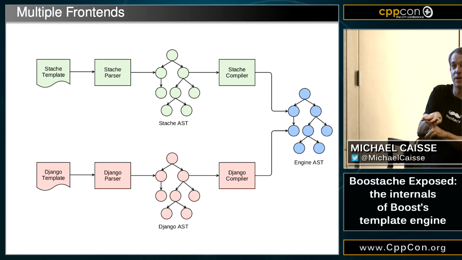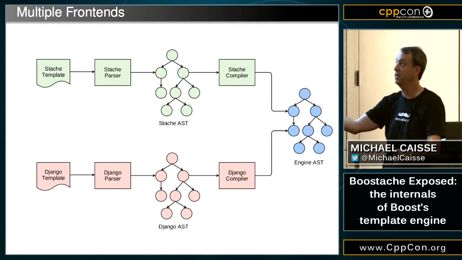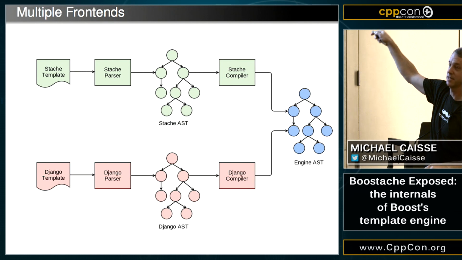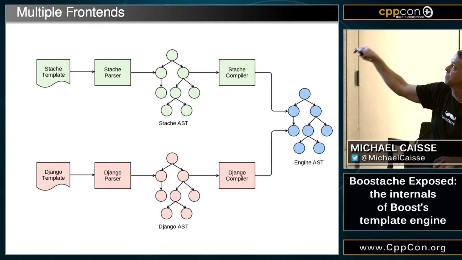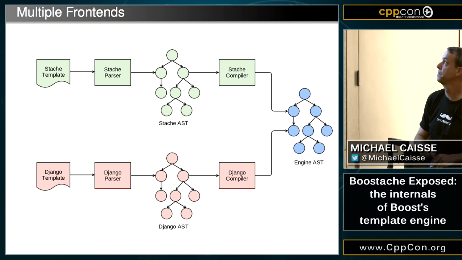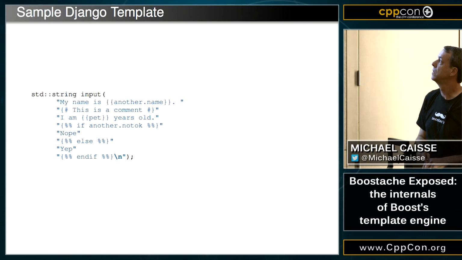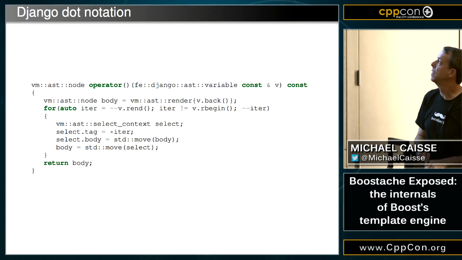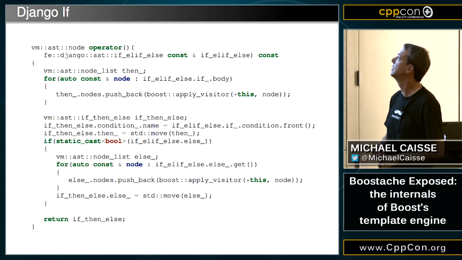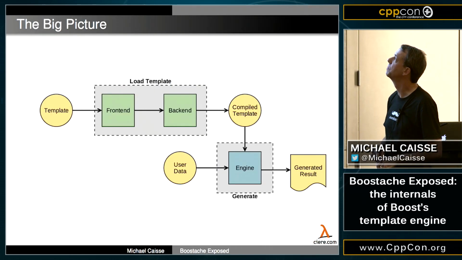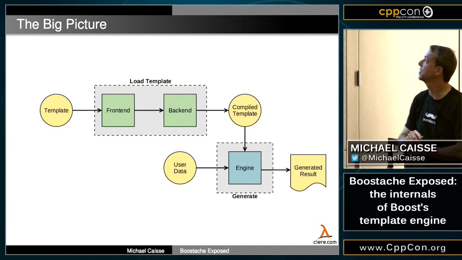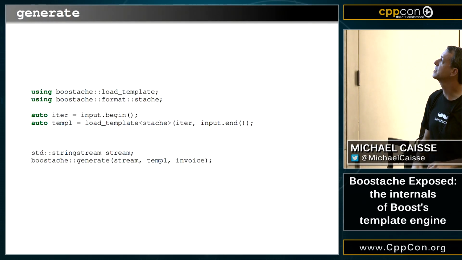It's just how to transfer one AST into the intrinsics of the internal AST. And now we have the engine AST. So this is how we can support the multiple front ends. We're going to move on past the Django example for now because we don't have a lot of time left.